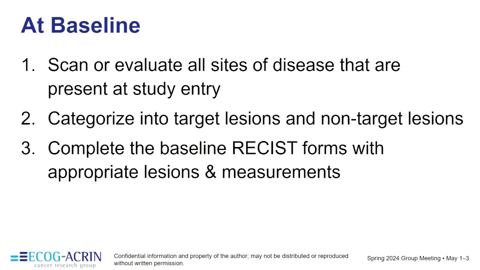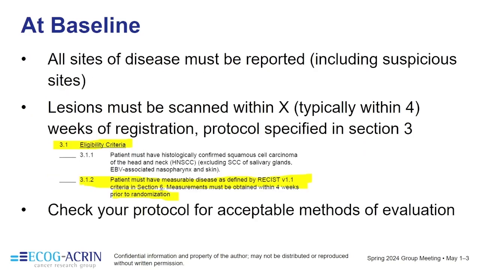So at baseline, we're going to have a scan or evaluate all sites of disease that are present at study entry. Those will be categorized into target lesions and non-target lesions. And then the baseline RECIST forms will need to be completed with appropriate lesions and measurements. So when we're looking at these baseline lesions, all sites of disease must be reported, including suspicious sites.